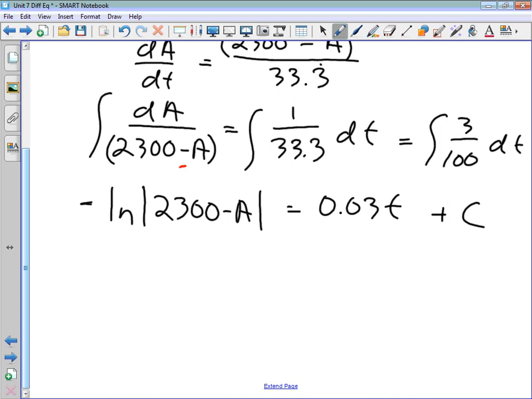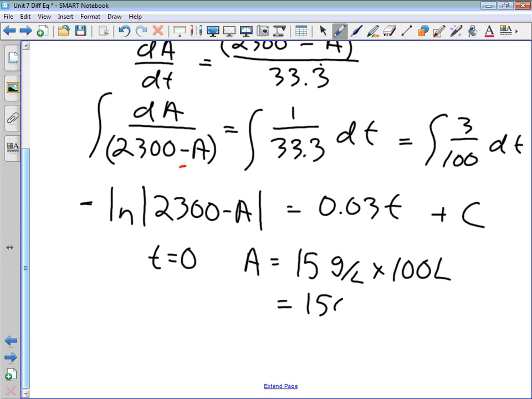Now, how do we evaluate this constant of integration? Well, we know that at t equals 0, the amount of salt in the tank is the concentration, 15 grams per liter, times the volume, 100 liters. So the amount of salt in the tank initially was 1,500 grams. This is, again, concentration times volume.